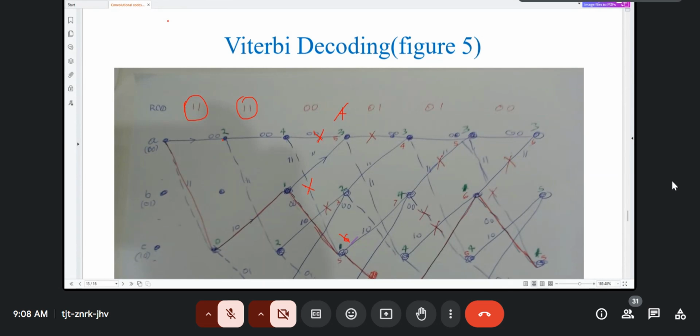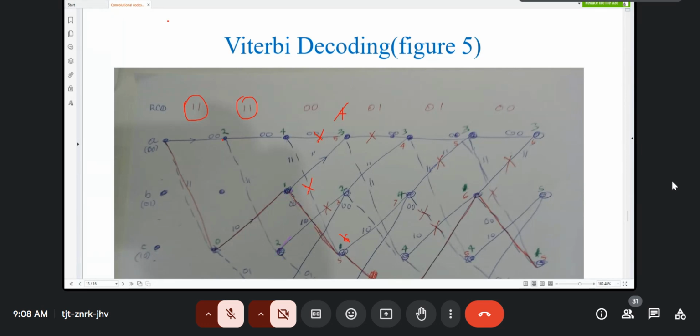We are eliminating the path. Because the final path, we call it the survivor path. So that's why we are talking about eliminating, and we end up with the survivor path. So we have eliminated it here, we have eliminated here. Now, we have only looked at the 2 cases. Let's look at now from 2.